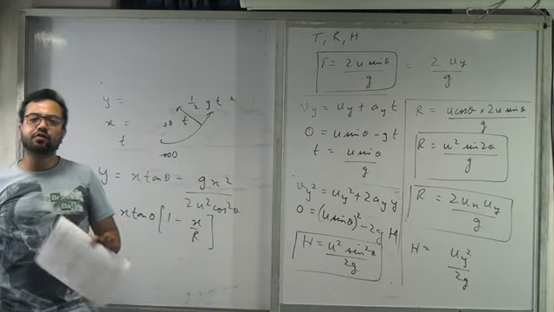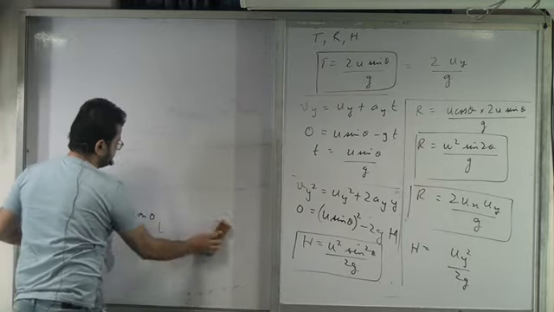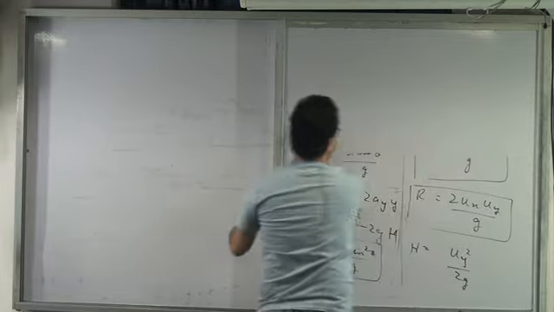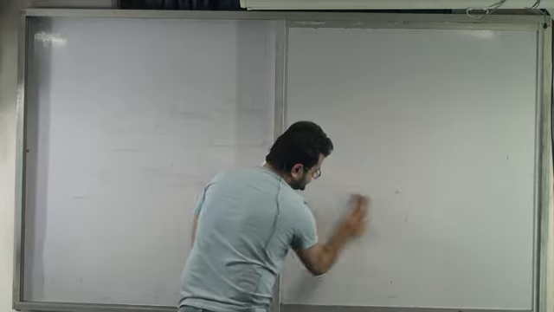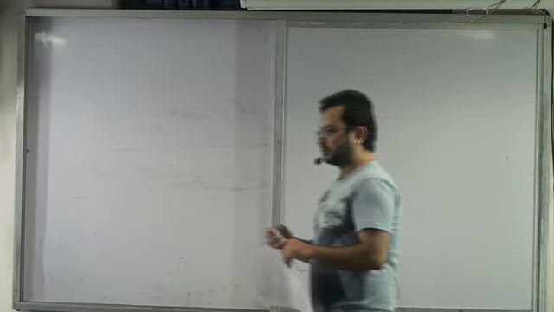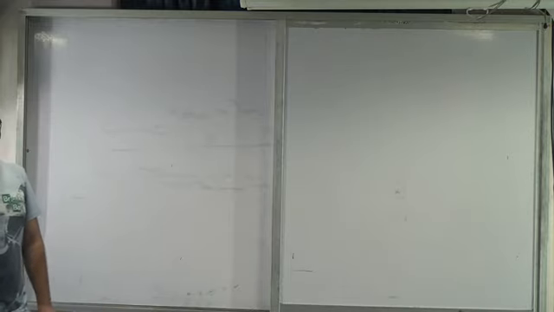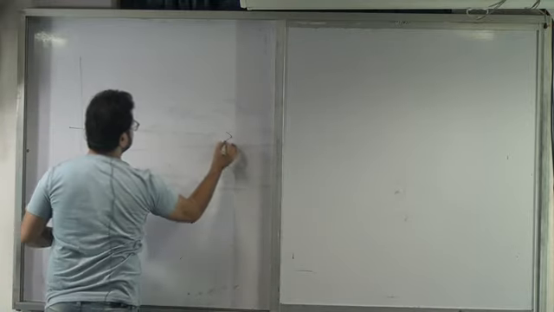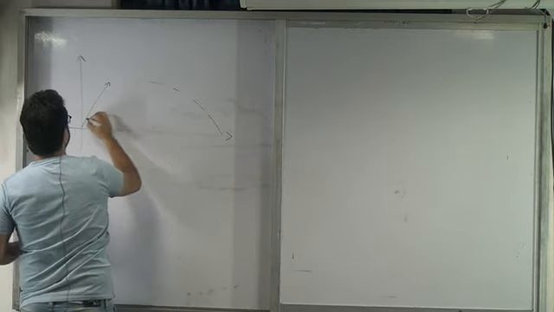If nothing is given, you'll assume it to be with the horizontal. Did you get the question? So the projectile is thrown like this. It is thrown at an angle 60 degree.